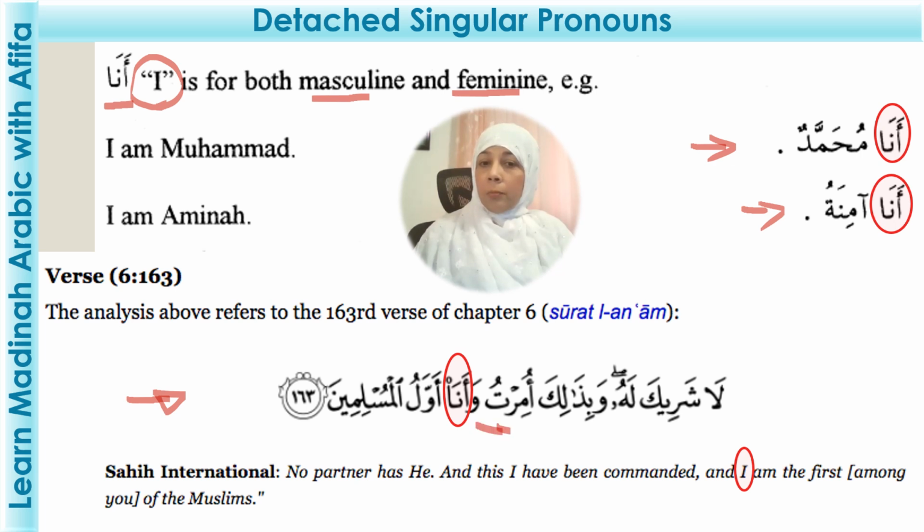The waw means and. It is a conjunction that we will inshallah learn in the future. It belongs to the category of harf. And ana is what you have learned today. It means I. I am among the first of the Muslims.